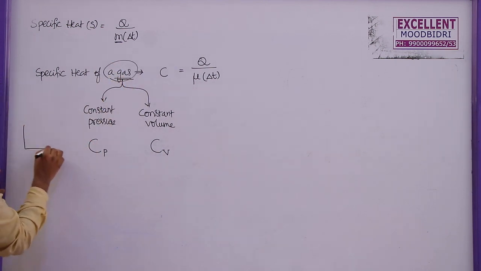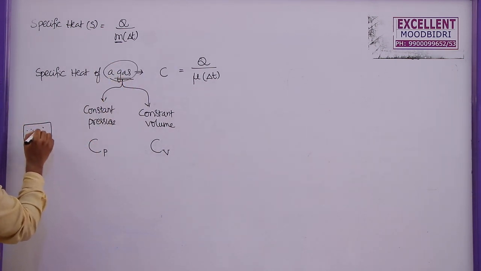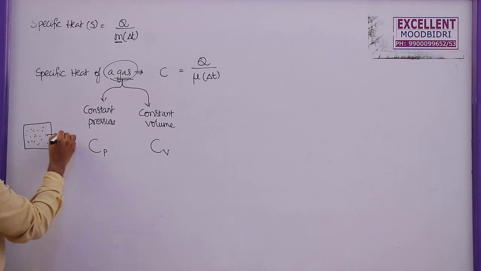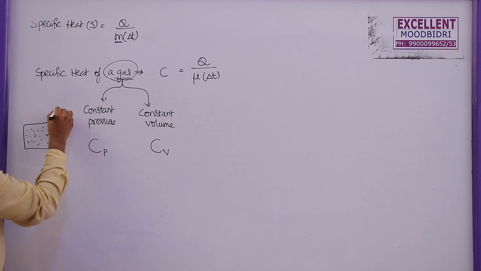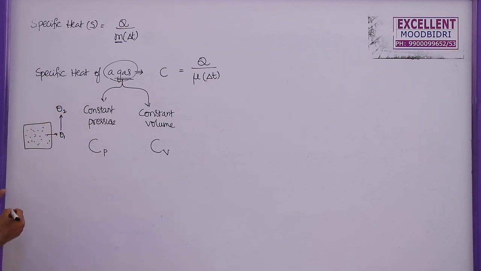If you take a gas in a container having some temperature θ1, and you want to increase the temperature to θ2 degrees Celsius, here the volume of the container is constant. If the volume is constant and you heat it, it is easy to increase the temperature. Why?